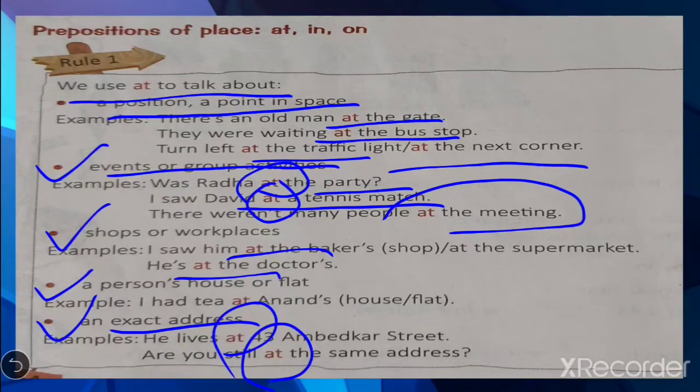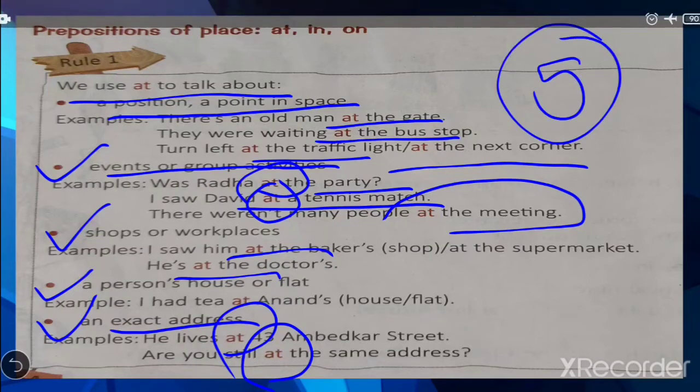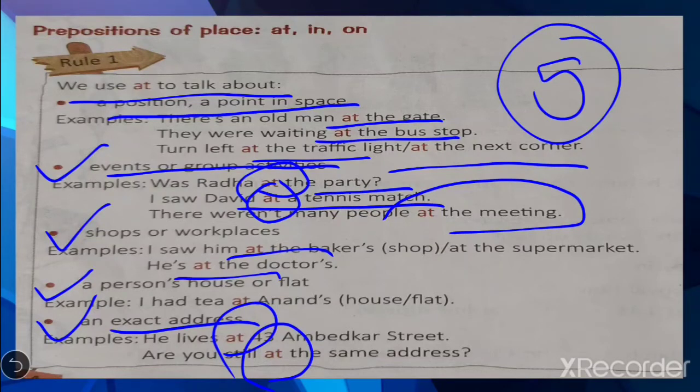So here are 5 things you have to remember about where to use at in prepositions of place. In prepositions of time we have learned that for showing time, clock time, and for showing meal time, dinner, lunch, evening, breakfast, we have to use at in these 3 ways.